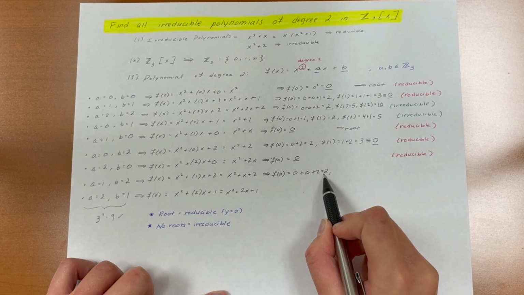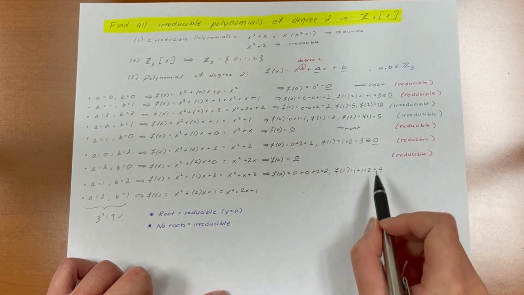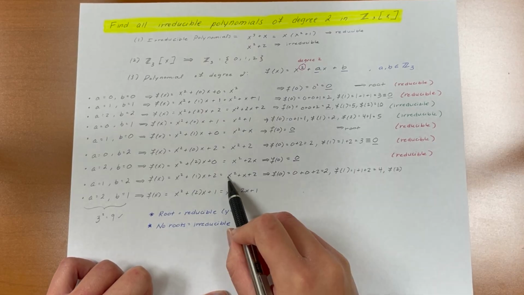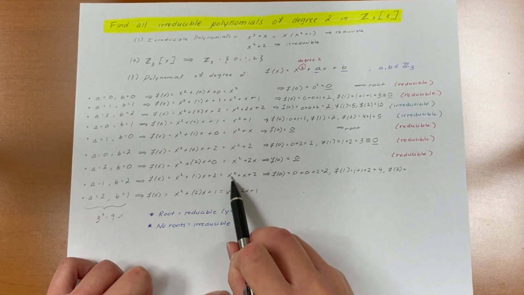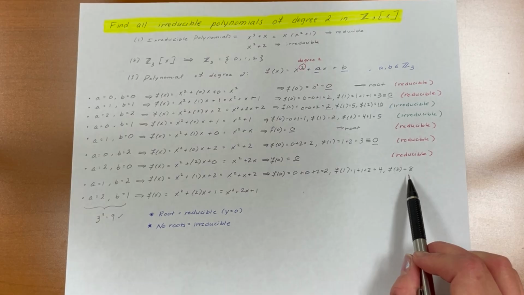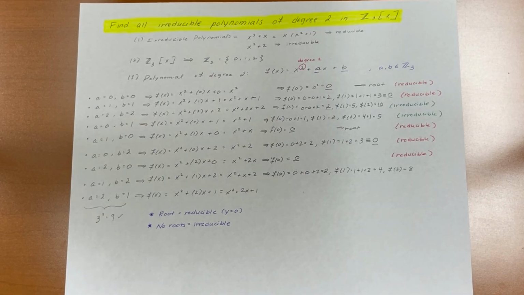Keep going because this is not 0. f(1) is equal to 4. It's not divisible by 3, so we can keep going. f(2) is 4, 8 is also not divisible by 3. So this means that this has no roots and is irreducible.